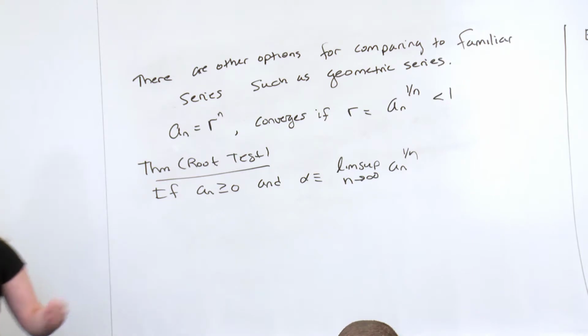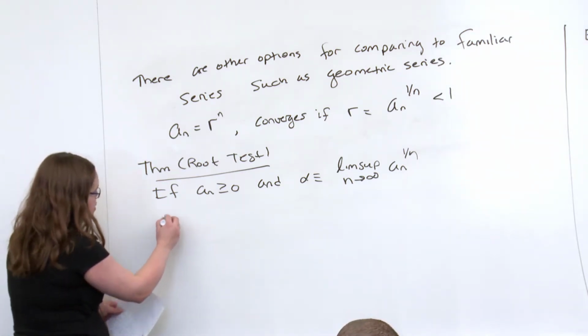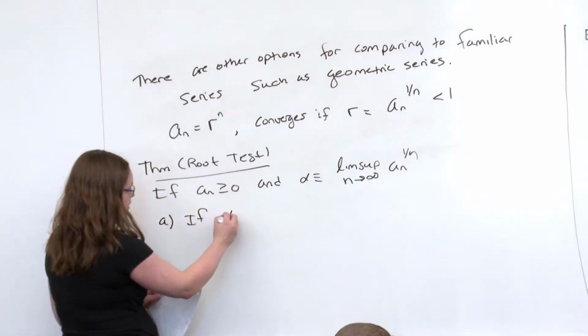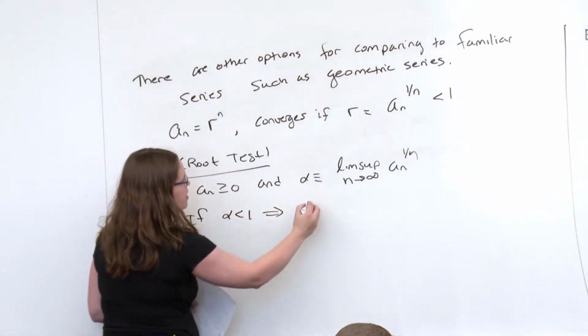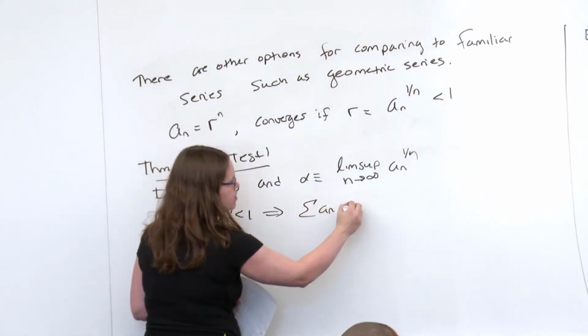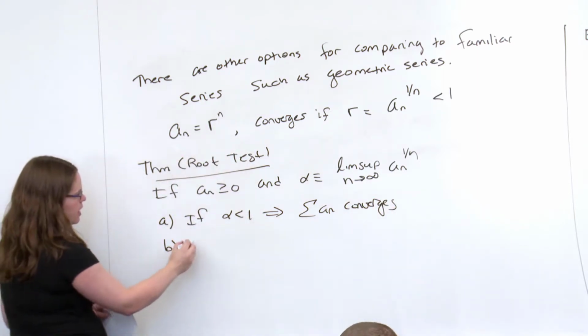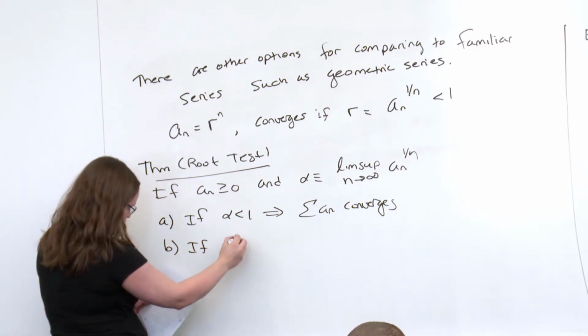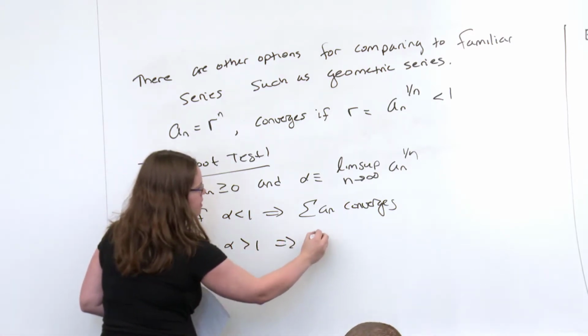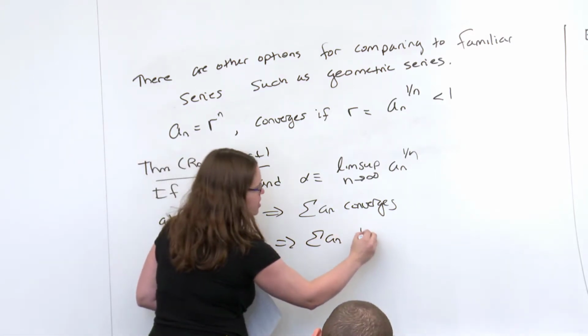We're not going to assume that the limit exists. And there are two parts to this. If alpha is less than 1, then the series converges. And if alpha is bigger than 1, then it diverges.